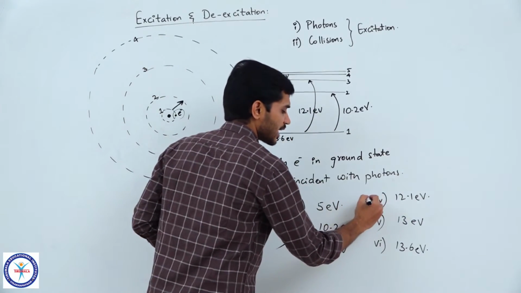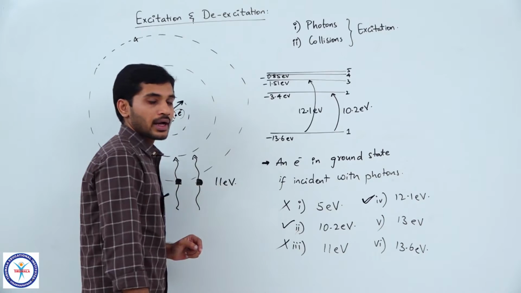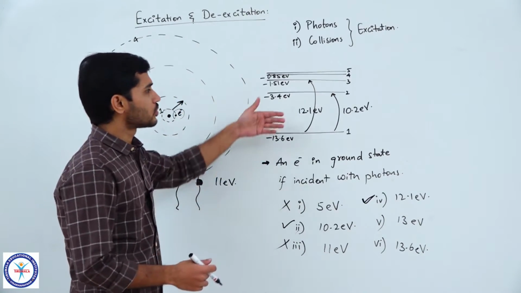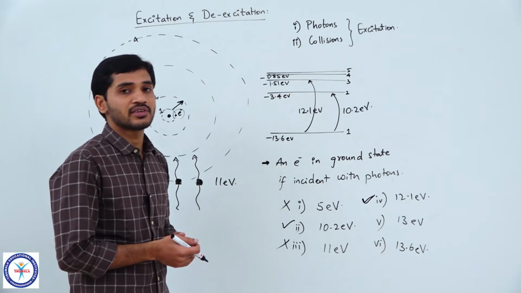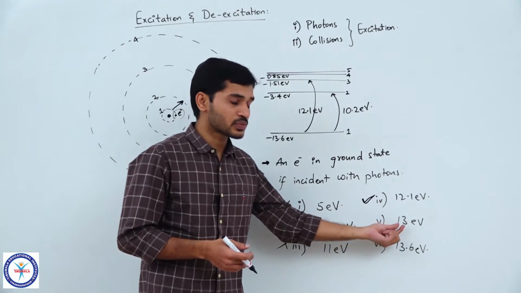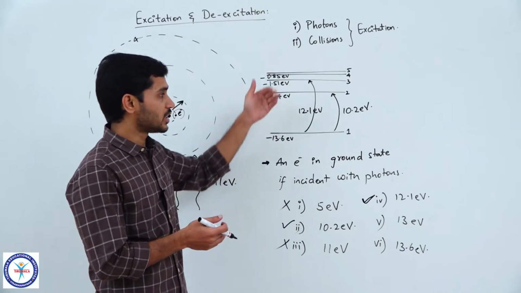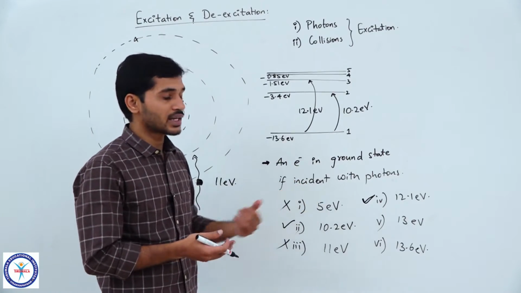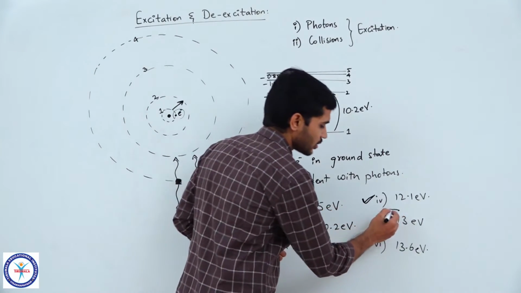So, this can be absorbed, and 13 electron volts: actually, you need to know a few more values to see whether this value corresponds to any energy difference between two states. As of now, we can't tell just by looking at that number. So, let us just leave this value for now.